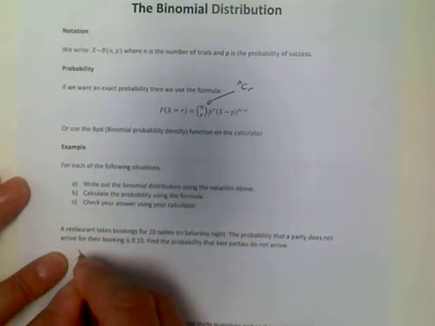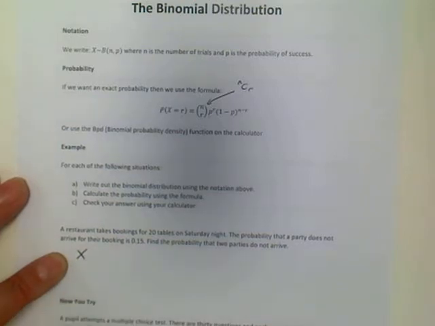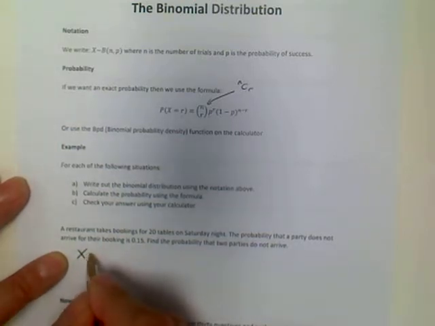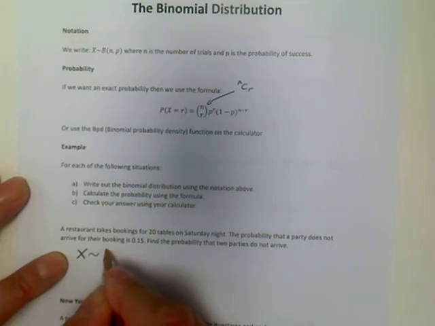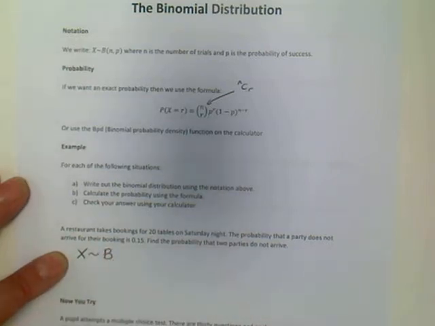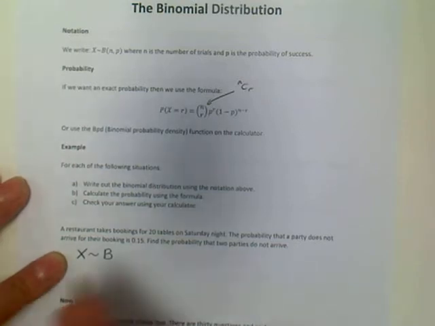I'm going to use a variable, and by convention we use a capital letter. That symbol means is distributed. This means binomially, and you will be using other distributions as you work through the course.